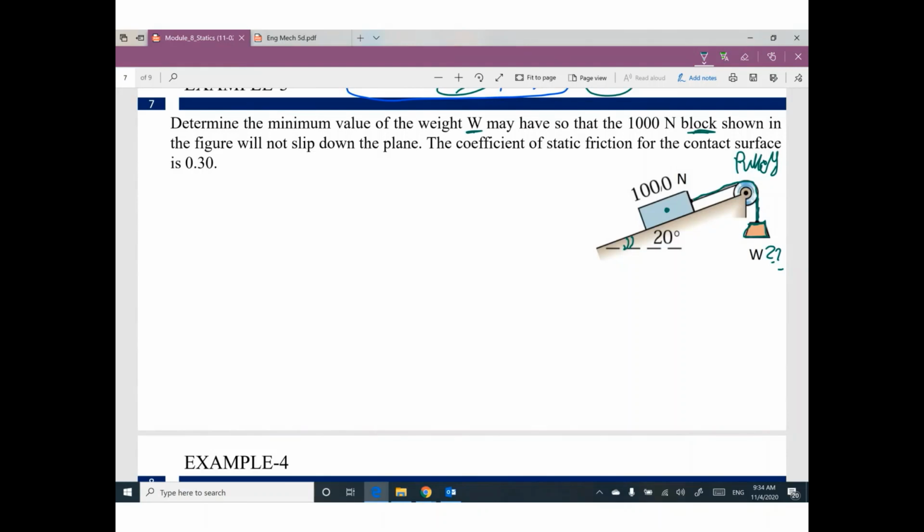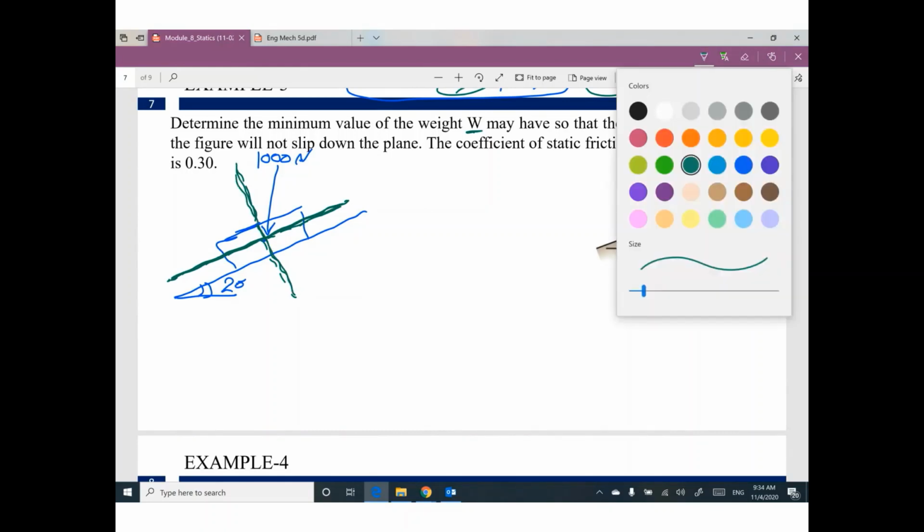In a different way, I need to explain it separately. I have an inclined surface 20, and we have a block here. This block has a weight 1000 Newton. I will break this 1000 into two components, one parallel to the inclined surface and one perpendicular.